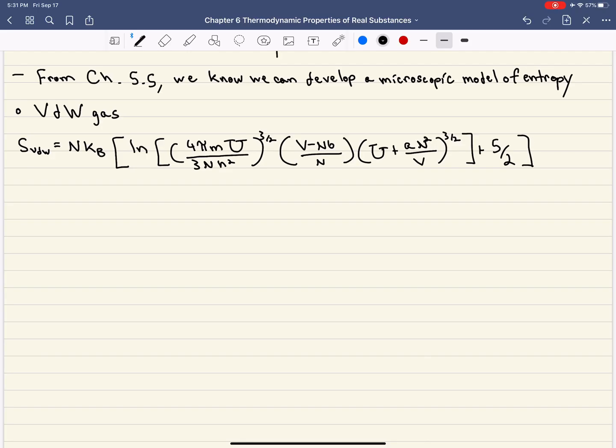As a reminder, this b describes the size of the gas molecule, and the a here describes the interactions between the molecules.